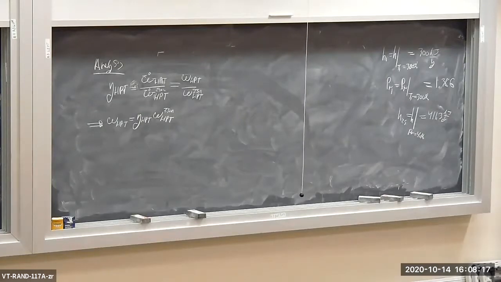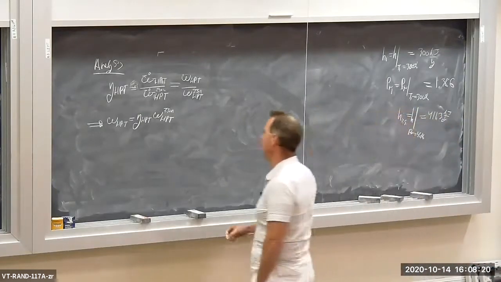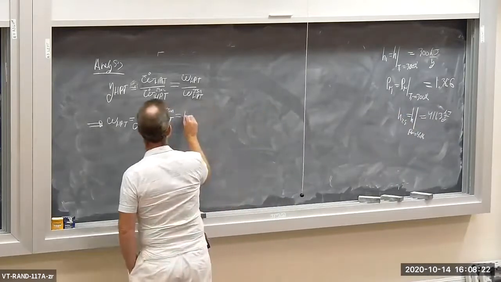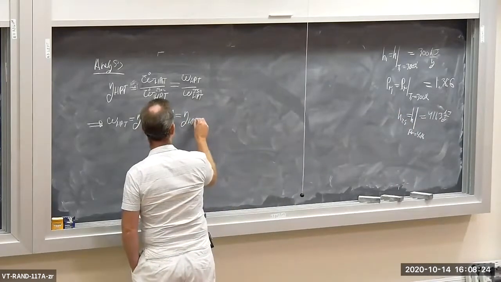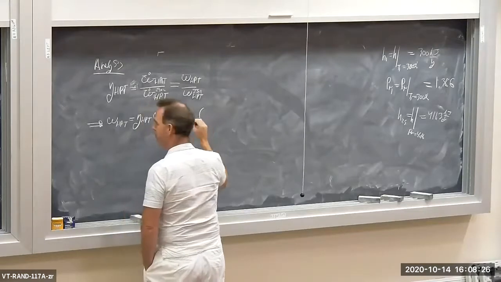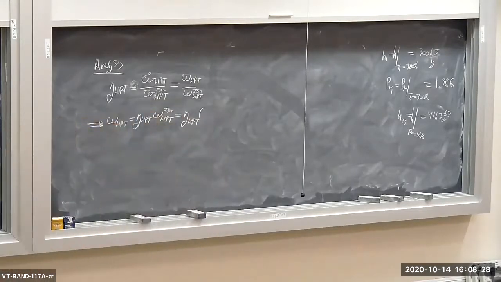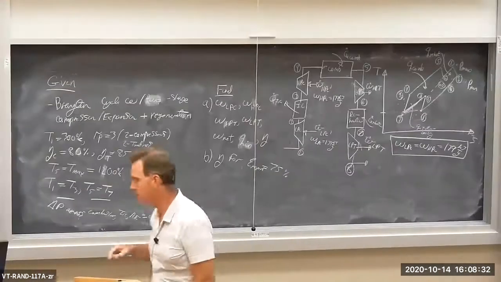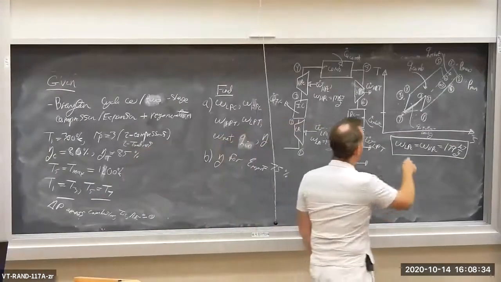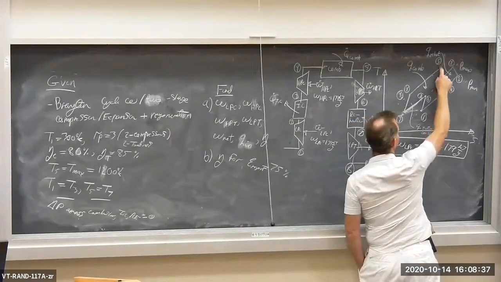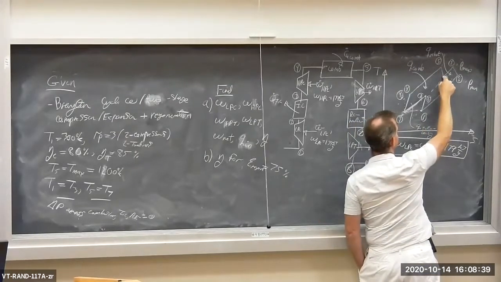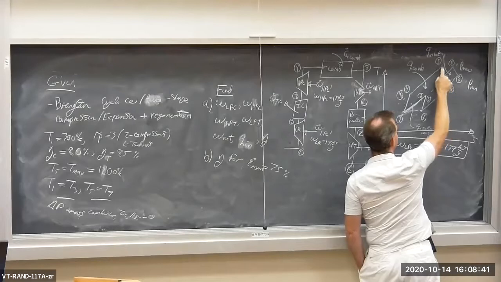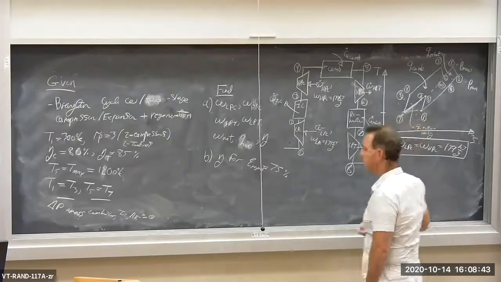Now, if I apply the energy balance to the isentropic turbine, I get eta HPT times, let's look at our TS diagram here. So the isentropic process goes from 5 to 6s instead of 5 to 6. The real turbine goes from 5 to 6. So 5 to 6s.